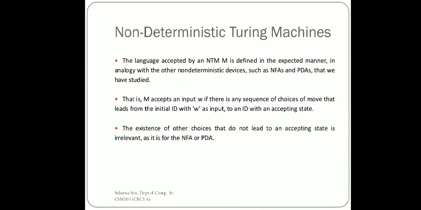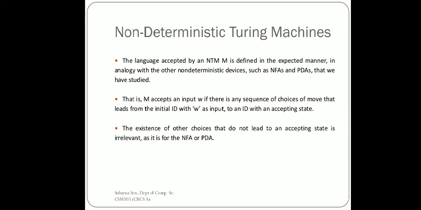Now the language accepted by a non-deterministic Turing machine M is defined in the expected manner, in analogy with other non-deterministic devices such as NFA or NPDA. We have written PDA because we have proved that NPDA and PDA can give the same kind of result.